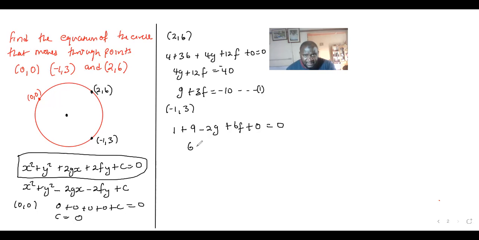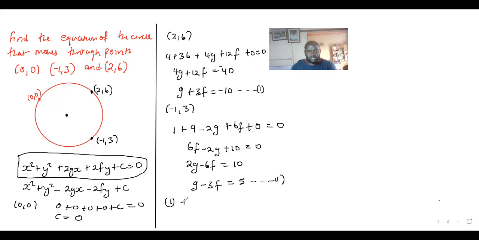We shall realize 6f minus 2g plus 10 is 0, giving us 2g minus 6f is equal to 10, so g minus 3f is equal to 5, equation 2. I can add equation 1 to equation 2, and I get 2g is equal to negative 5. My g is negative 5 over 2.